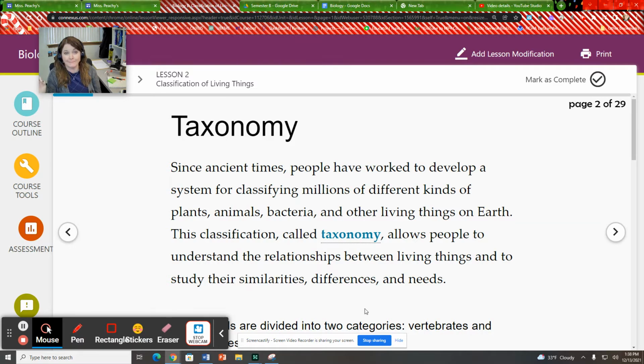Now, modern taxonomy deals specifically with trying to get living things grouped into categories of closest evolutionary relationship to one another. So those that are in the same category are more related to each other.